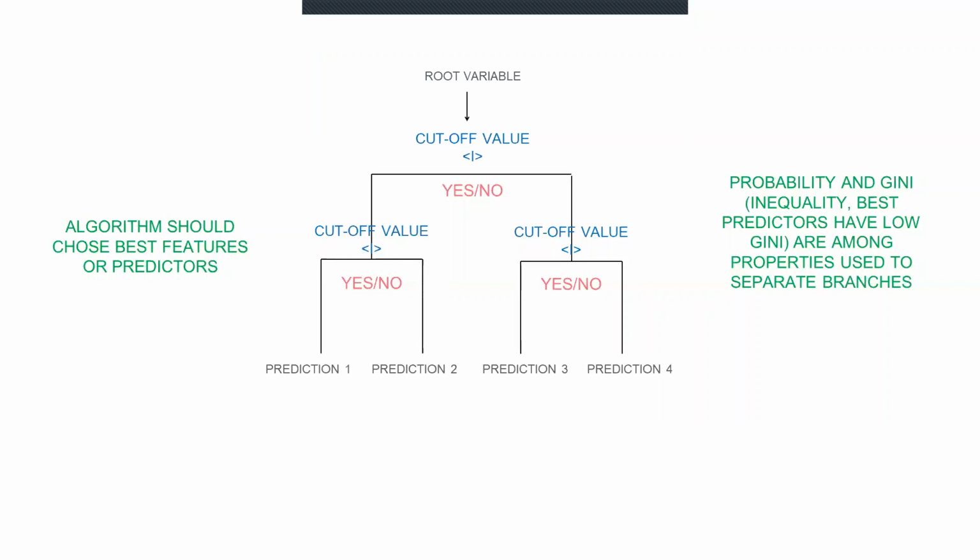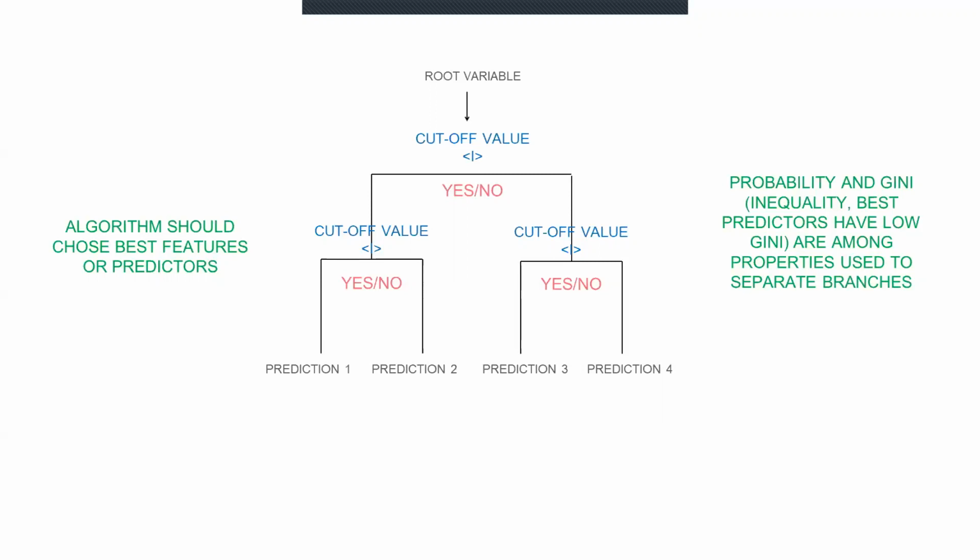So if genes have small probability of predicting something, that means that they're not good predictors and they won't be chosen by the algorithm. But if you can predict something with high probability, let's say, I don't know, higher than 90%, that would probably be chosen by the algorithm to be one of these variables that will be included in the decision tree.